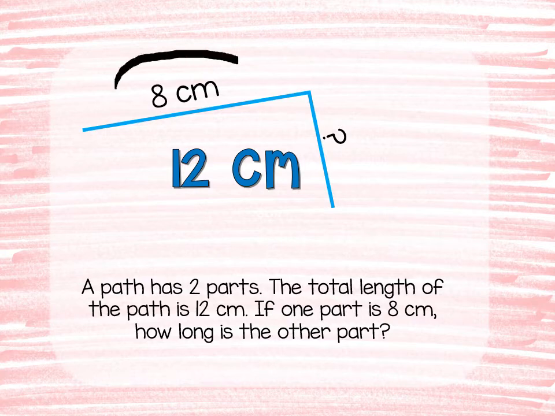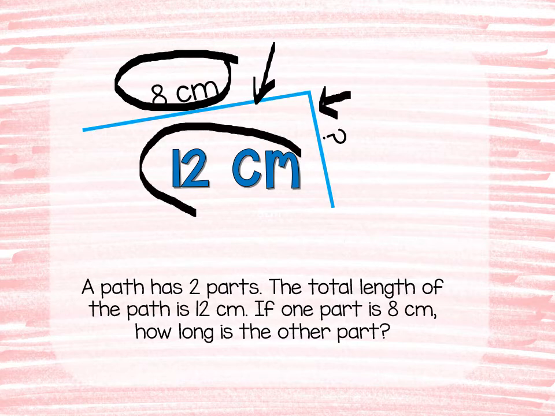One part is 8. This part here is 8. We don't know what this part is, but we know that the whole thing is 12. So we're looking for this piece that's missing. How can we figure that out? How can we figure out what the missing piece is?